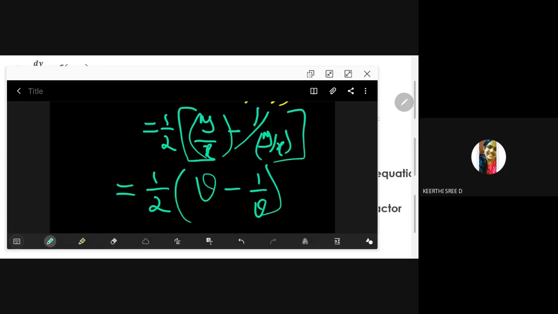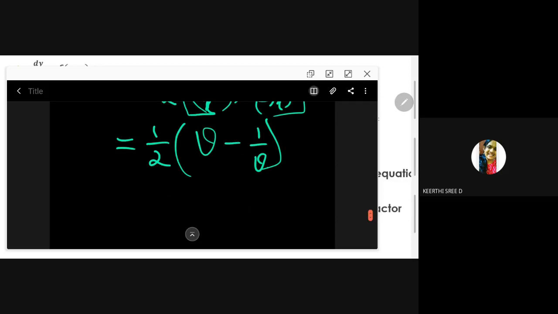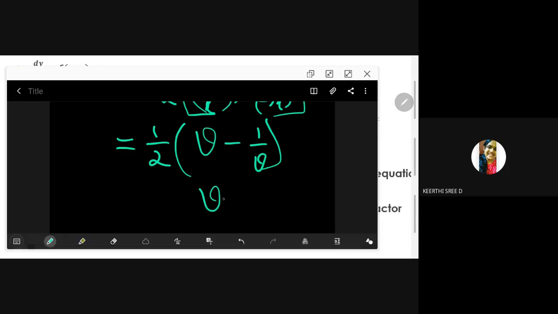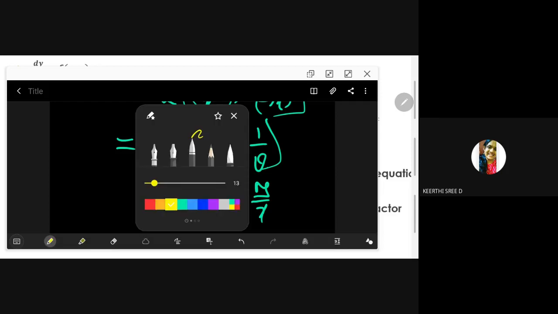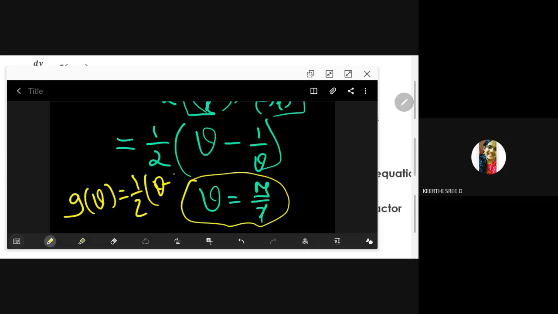So what is v here? v is nothing but y by x. So what is our z of v now? Our z of v is half, v minus 1 by v. That is our z of v.